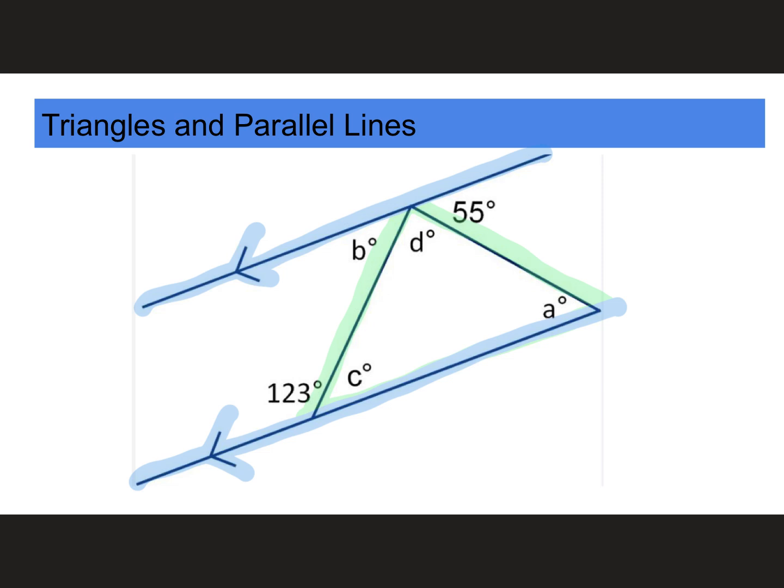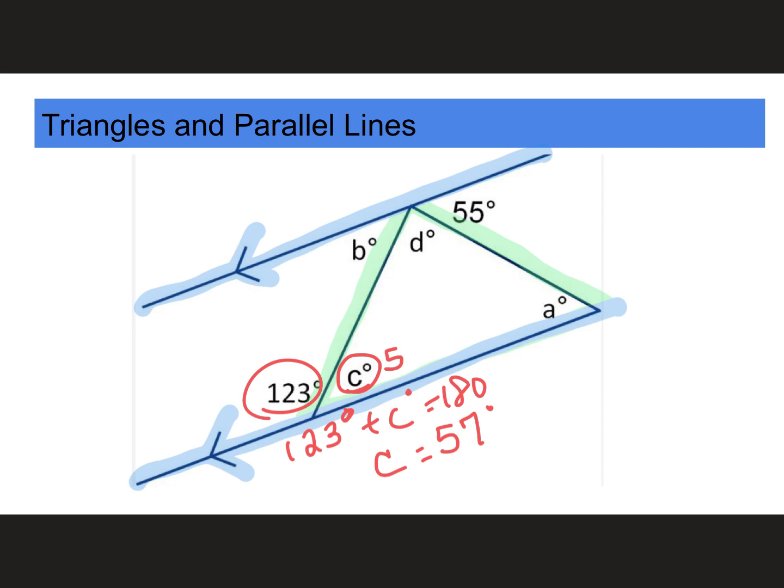So let's start. I'm going to solve C first, just because I think that's the easiest one. I can solve C because I know 123, that one that they've got labeled here, plus C degrees has to equal 180. Right? Well, if they have to equal 180, that means that C must be 57 degrees. Okay, so I know this is 57 degrees. Now let's look at another one.